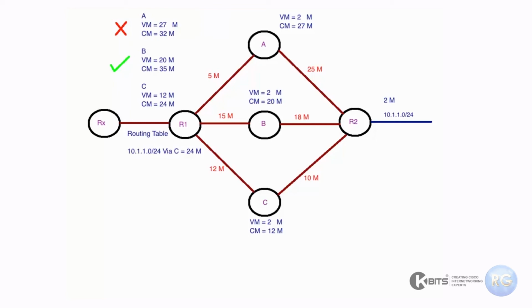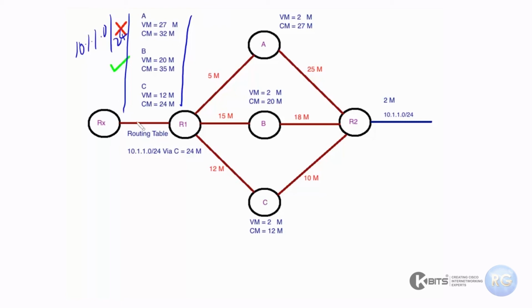So now, if you take a look at R1's topology table, it's going to have 3 different ways of getting to 10.1.1.0, agree? Right?